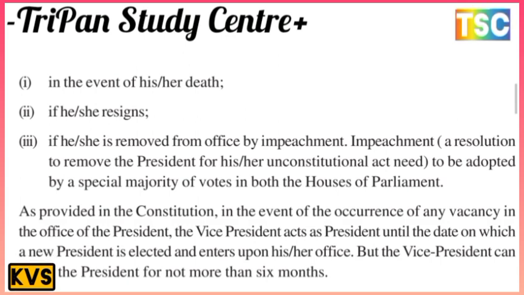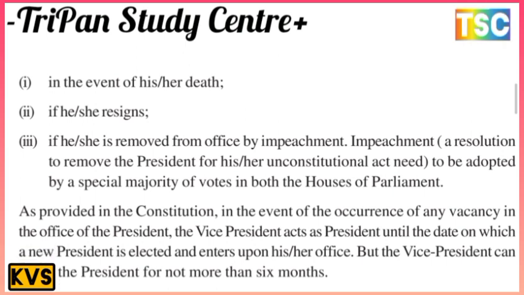A vacancy in the office of president may be caused in any of the following ways: in the event of death, if the president resigns, or if the president is removed from office by impeachment. Impeachment is the procedure to remove the president for unconstitutional acts, and it must be adopted by a special majority of votes in both houses of parliament as provided in the constitution.